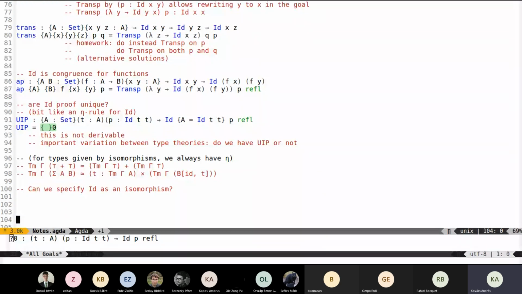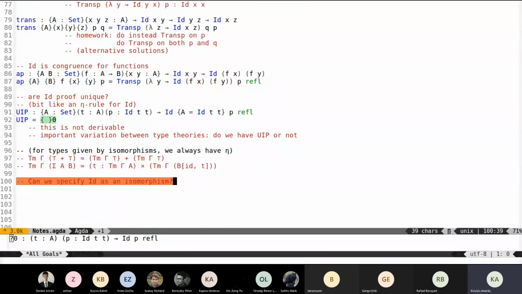We expect that if we do specify ID as an isomorphism, then there will be an eta rule, and then the eta rule will be pretty much the same thing as UIP. And actually, yes, we can do it, and then we get UIP as part of the isomorphism.